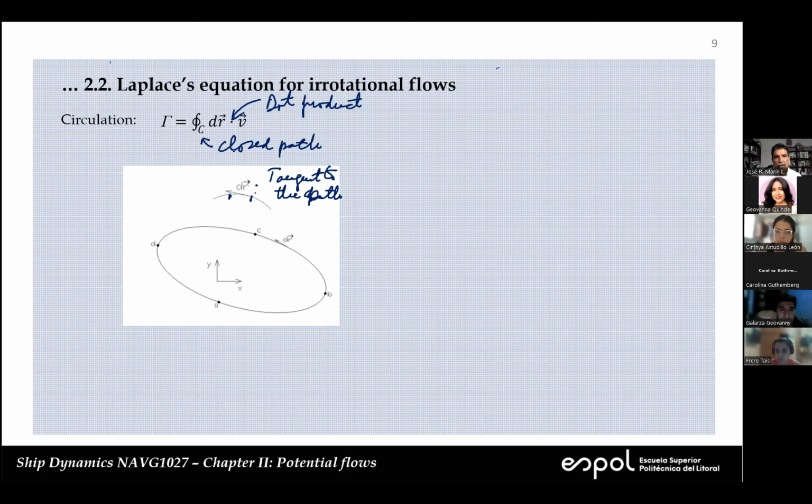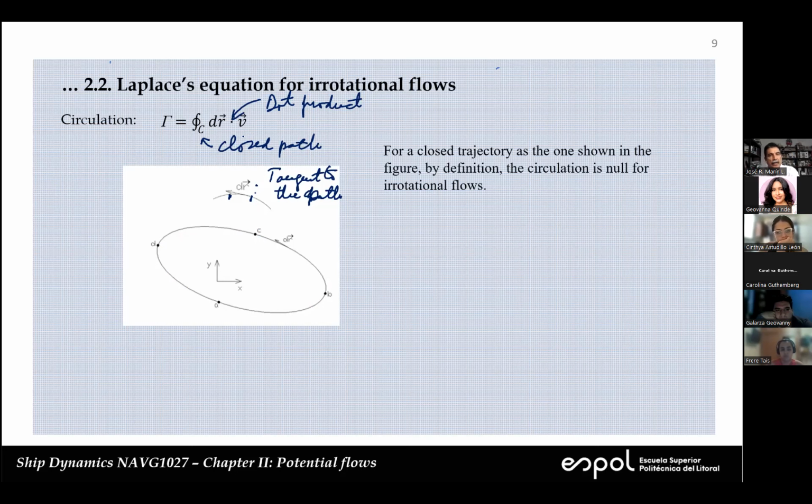So if we assume that the flow is irrotational, that means that we complete this closed path integration, and the result is going to be 0. So we said that for a closed trajectory, the circulation is 0 for irrotational flow.